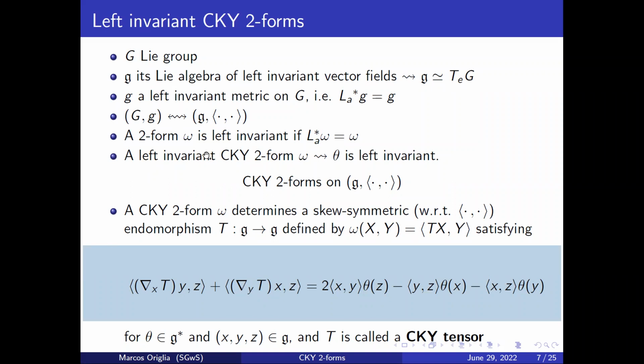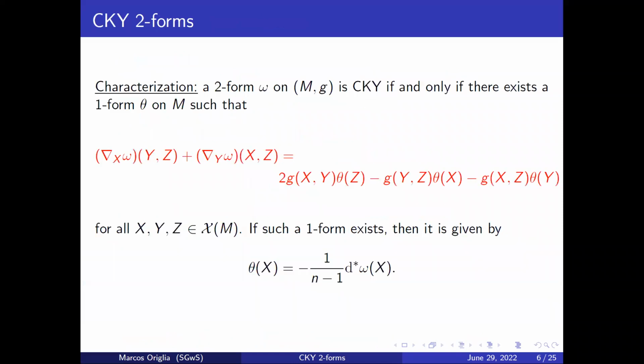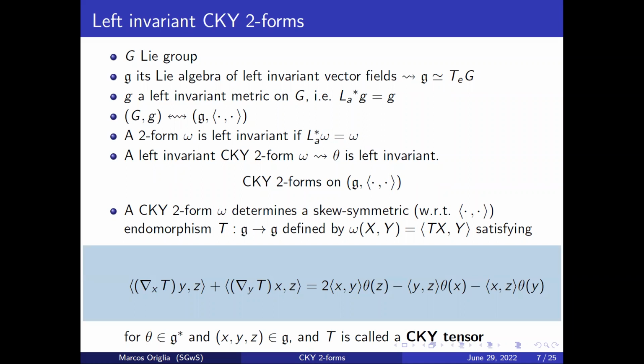And here, if omega is a left invariant conformal Killing two form, then remember the definition of theta, which is related with omega. So theta is also left invariant. So our equation can be defined at the Lie algebra level. So we will work on g with our inner product, and we will call it a conformal Killing two form if it satisfies the equation at the Lie algebra. And sometimes it's easier to work with the tensor associated to this two form.